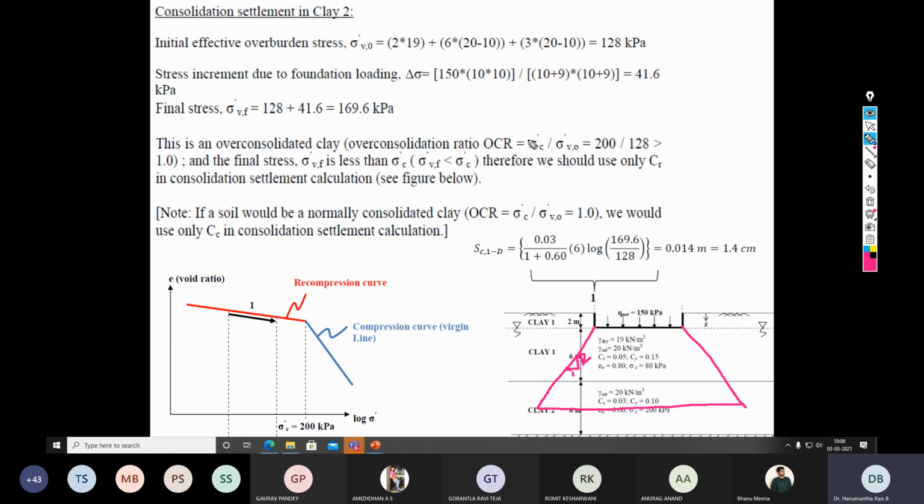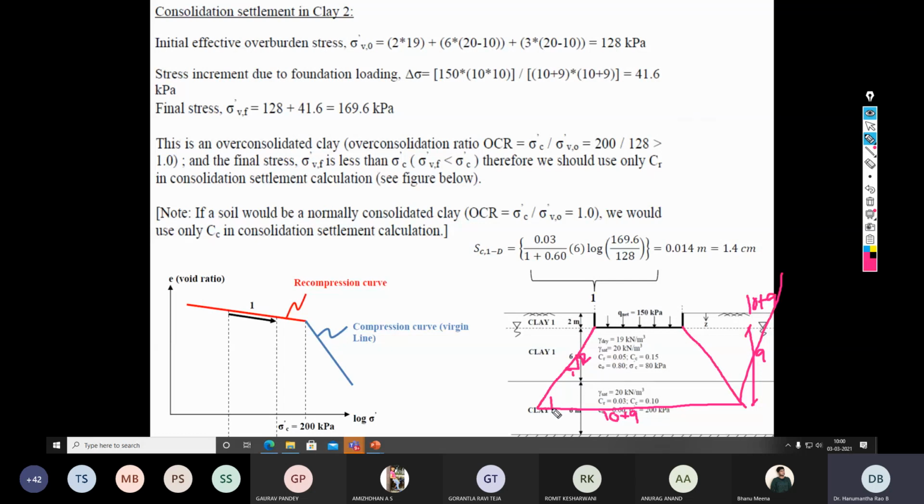So this will become 9 total, because from here to here it is 9 meter. So this will become 10 plus 9 meter. The total width is 10 plus 9 meter in one direction, and 10 plus 9 in another direction.